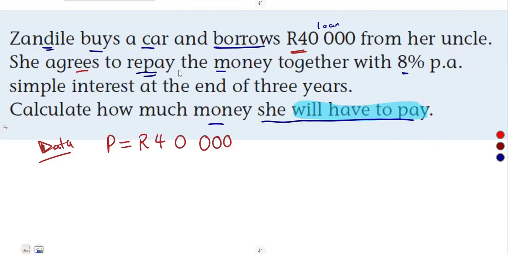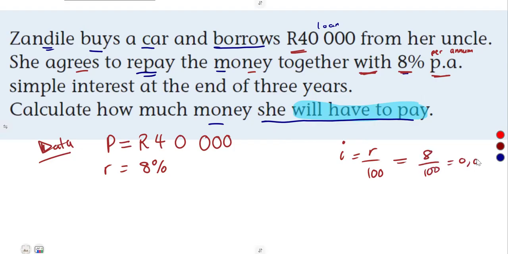She agrees to repay the money together with 8% per annum. PA means per annum, per year. So 8%, that is our rate as a percentage. So if you want to have I there, it's going to be R over 100, which is 8% over 100, which is 0.08, if you want to have it that way. But it's still one and the same.